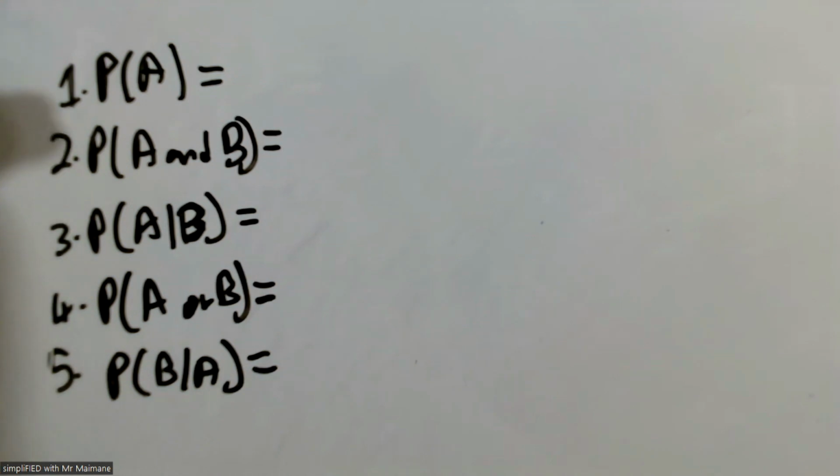Let's do this. The question is straightforward. If events A and B are independent, the probability of A is 0.4, the probability of B is 0.30, and they want us to determine which of the following statements is incorrect. I'm going to list all the statements here as they are, but without the answers. On the question, they've given us all the values, but they want us to tell which one is incorrect.